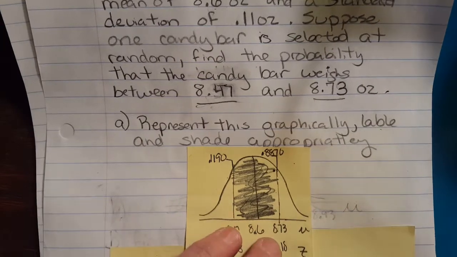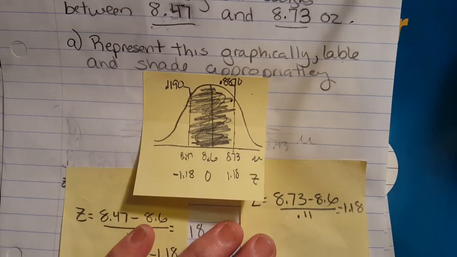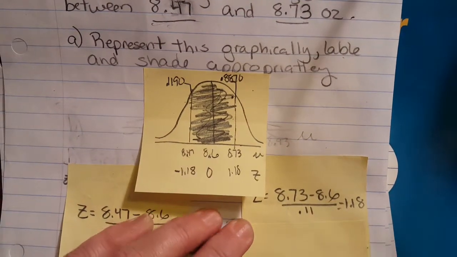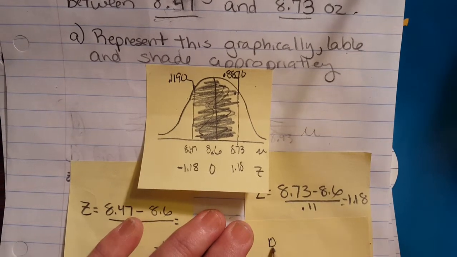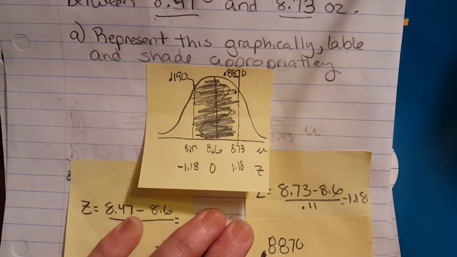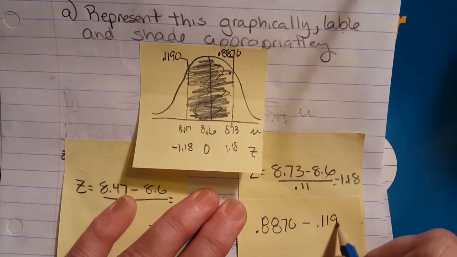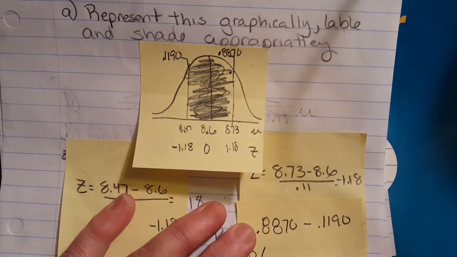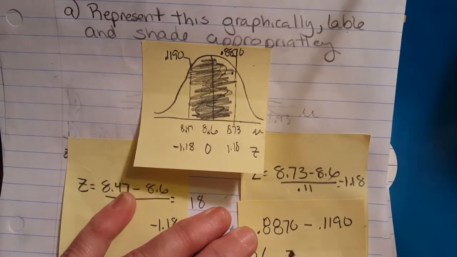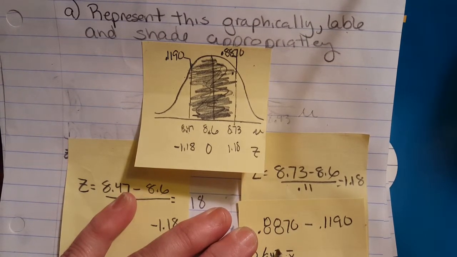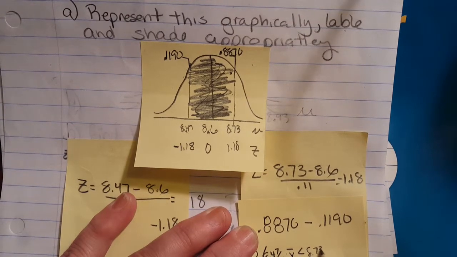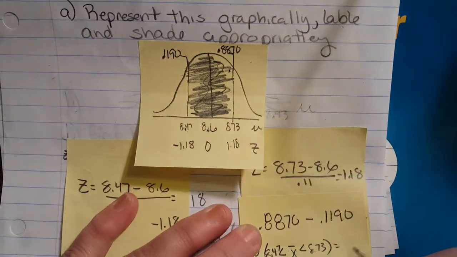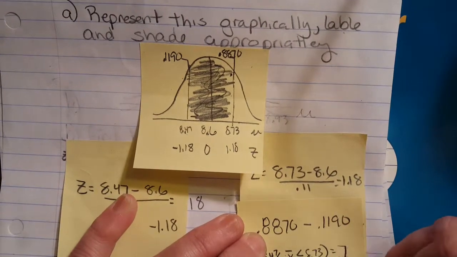So to find my probability, what I want to do is subtract my areas, and I find that the probability that the mean is between 8.47 and 8.73, I believe that's the probability of the mean weight of a randomly selected candy bar, would be 0.762.